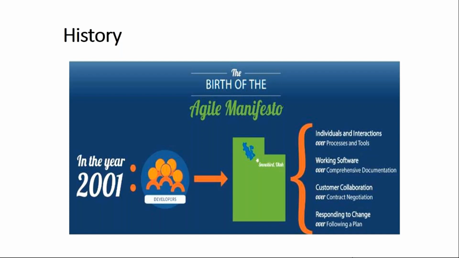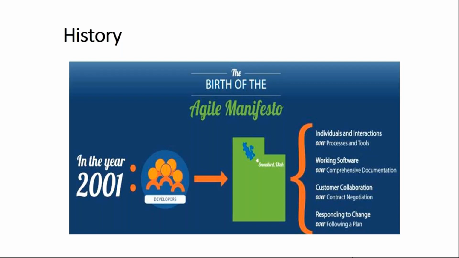While they were enjoying with their friends and discussing, they came to know that all of them were facing a typical challenge that was predominantly happening in the software industry. That discussion prompted them to jot down these four values, which is called the Manifesto of Agile. We'll talk about each of them.